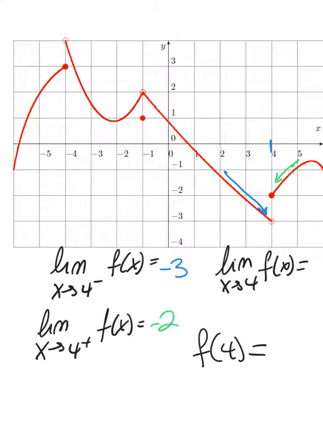So that means, what's my limit as x approaches 4? It's different from the left and the right. They're not the same, so that means the limit does not exist. Remember, the limit only exists if it's the same from the left and the right. What is f of 4? Well, that's where the closed circle is, and that's happening at negative 2.